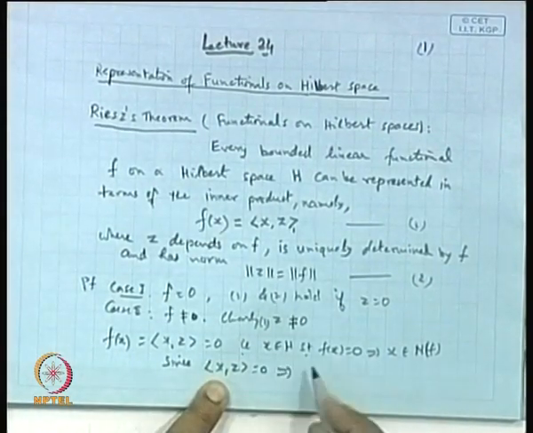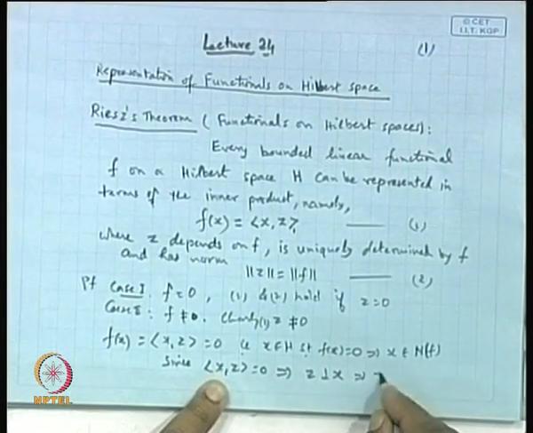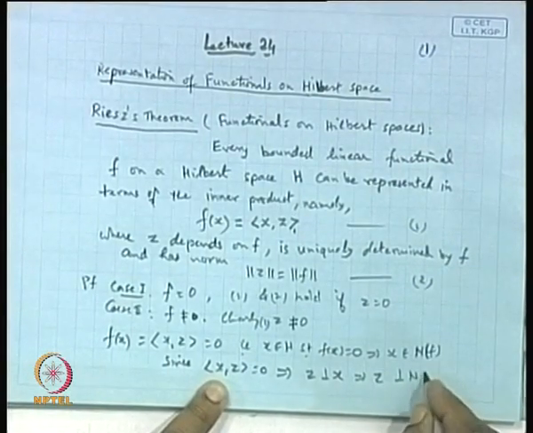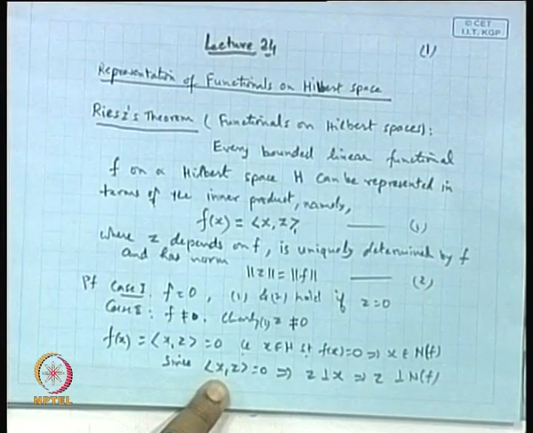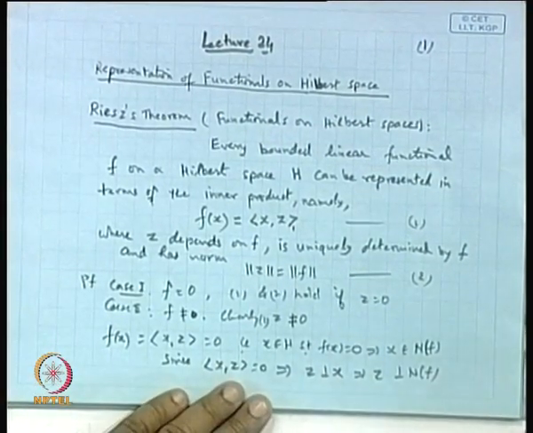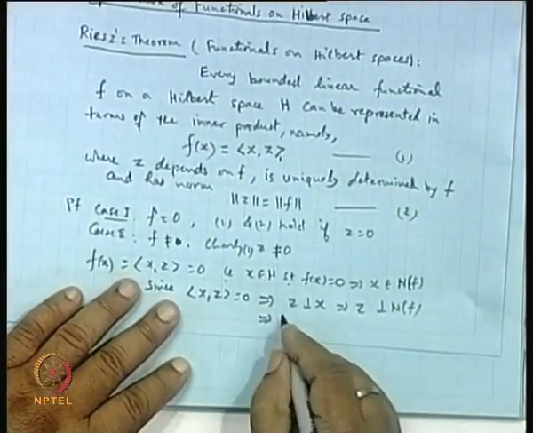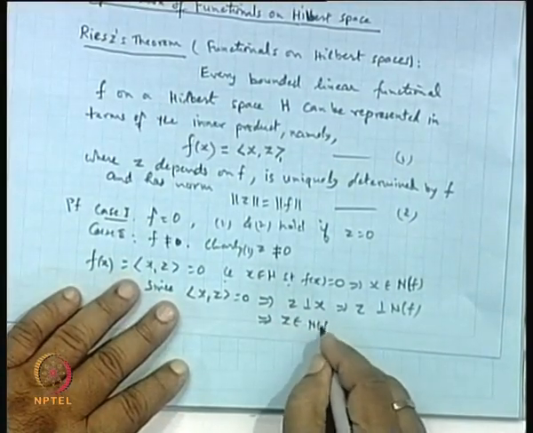So, this shows that z is perpendicular to x. It means z must be orthogonal to N_f, is it not? Or z will be a point of N_f perpendicular. So, this shows that z will be a point of N_f perpendicular.